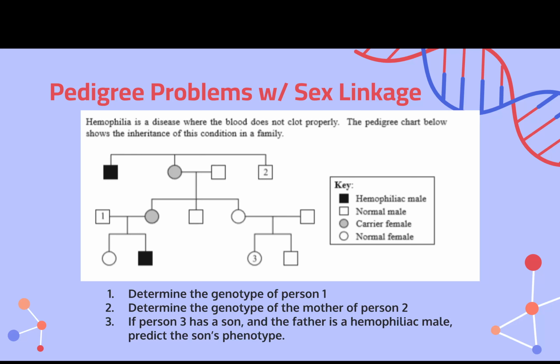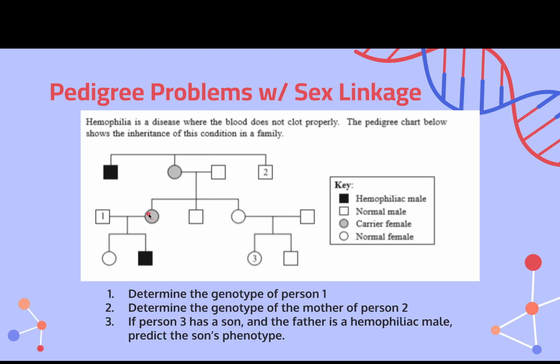Okay, let's do this then. So, the first one, person one, they are over here. And the way we will tackle this is based on their children because they're from the outside of this family. We know that the mother is a carrier, but we don't know anything about their history.